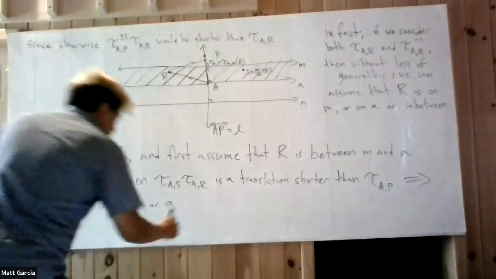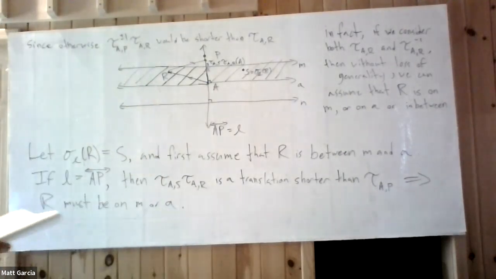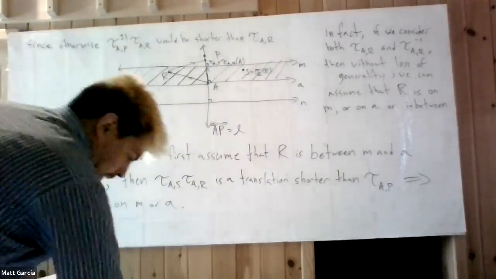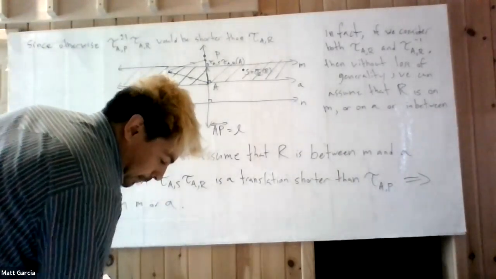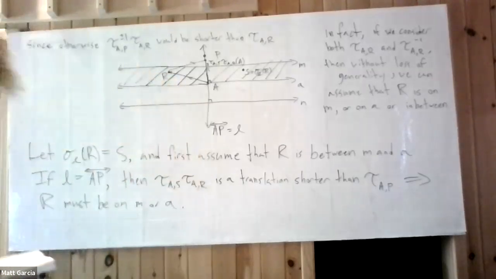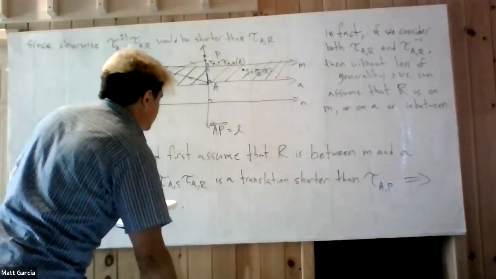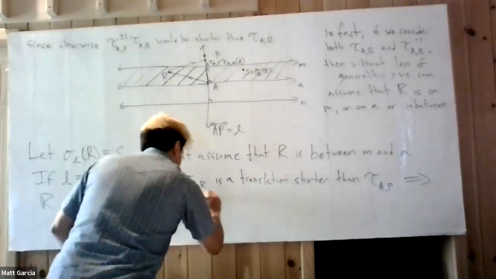Okay, now let's quickly address the other case. What if L is perpendicular to the line through A and P? Well, let's just write that down.